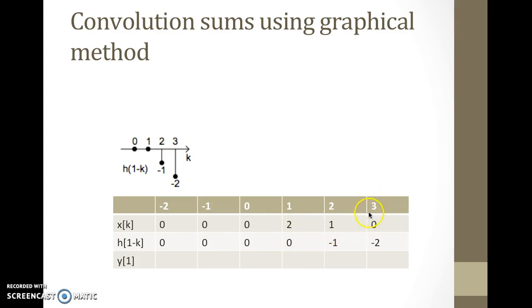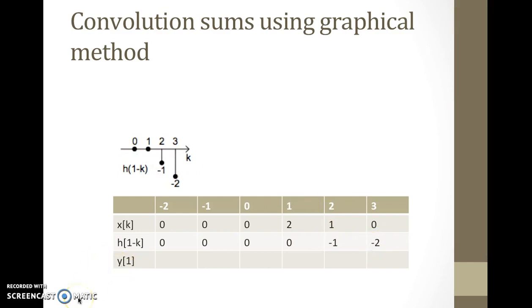Why did I put another extra 3 here? Because h1 minus k goes up to 3. So this is the x-axis. x of k is the same value, and h1 minus k you have to shift to the right, so at 2 is minus 1 and at 3 is minus 2.